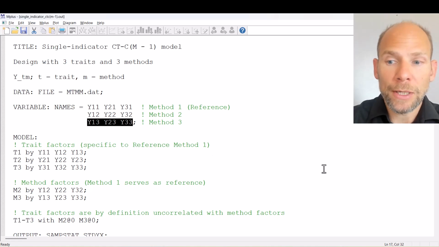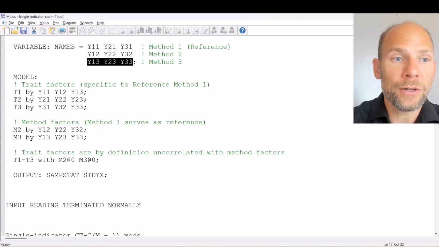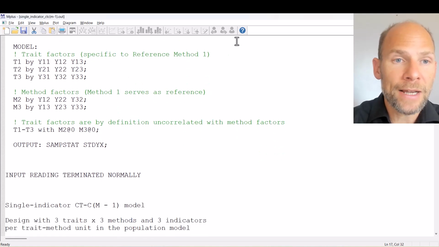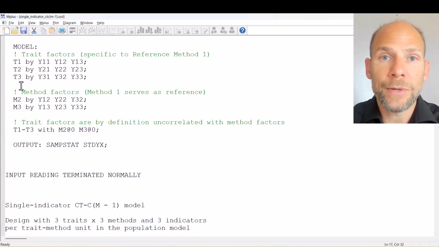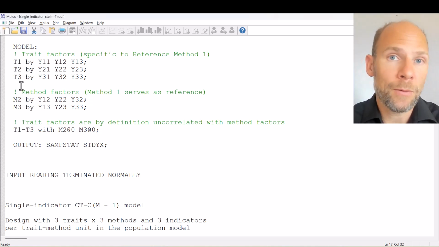Next, we have the model statement in Mplus, and the model statement here first of all specifies the trait factors. Since we have 3 traits, we have 3 trait factors, T1 through T3, and so you can see that T1 loads Y11, Y12, and Y13.